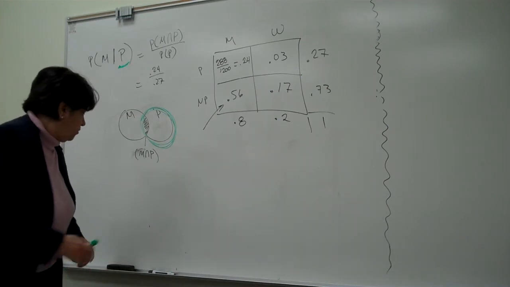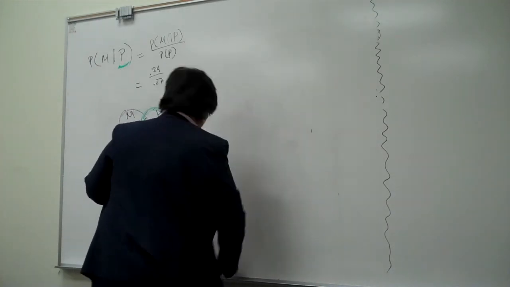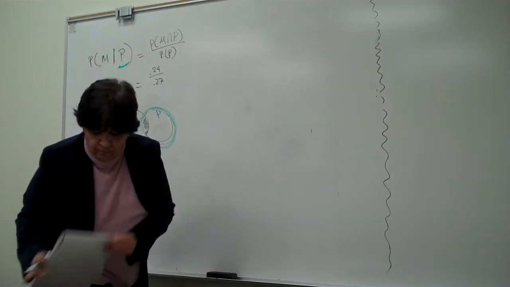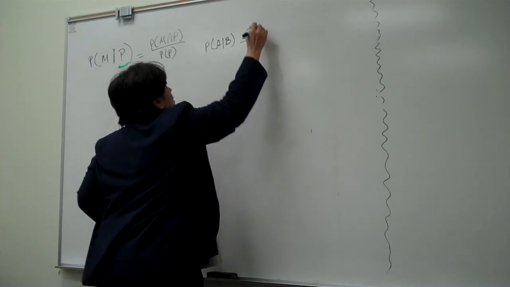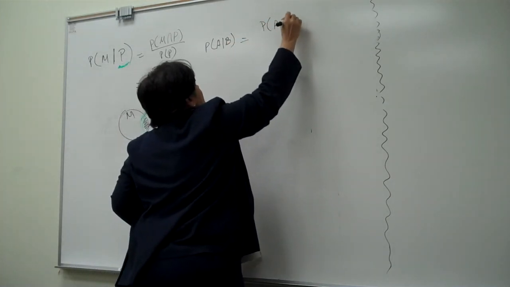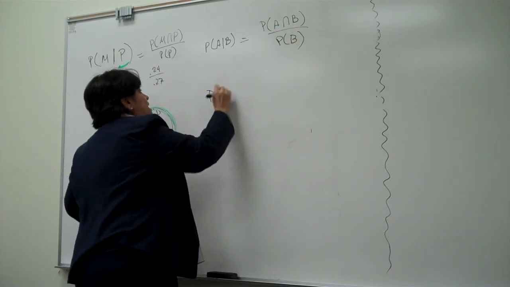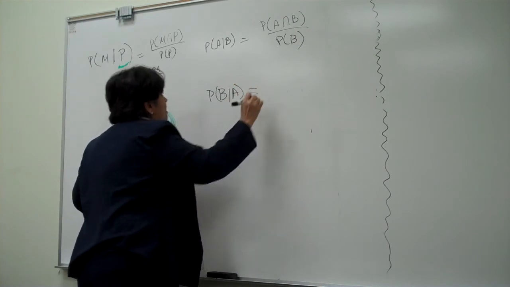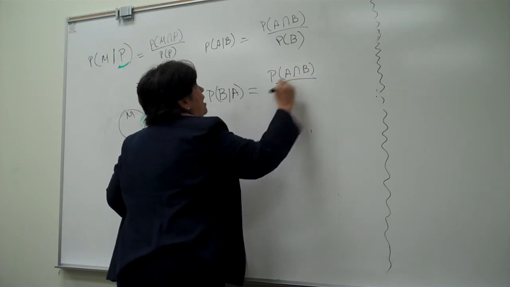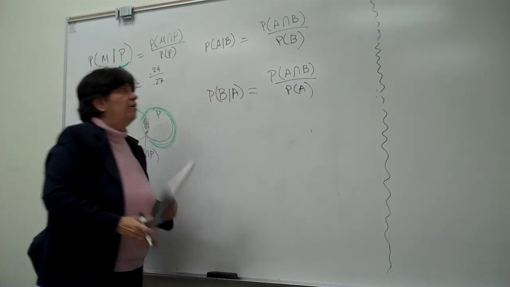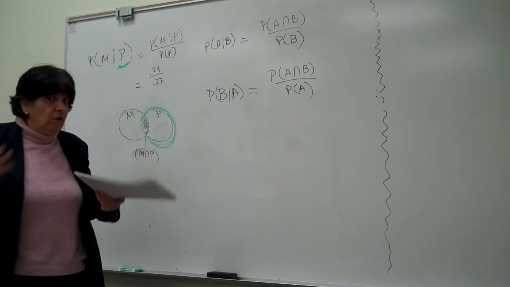With this in mind, we then have this formula. The probability of A given B is equal to the probability of A intersection B divided by the probability of B. And the probability of B given A is, by the same token, the probability of A intersection B divided by the probability of A. From these two formulas, we derive the multiplication law.